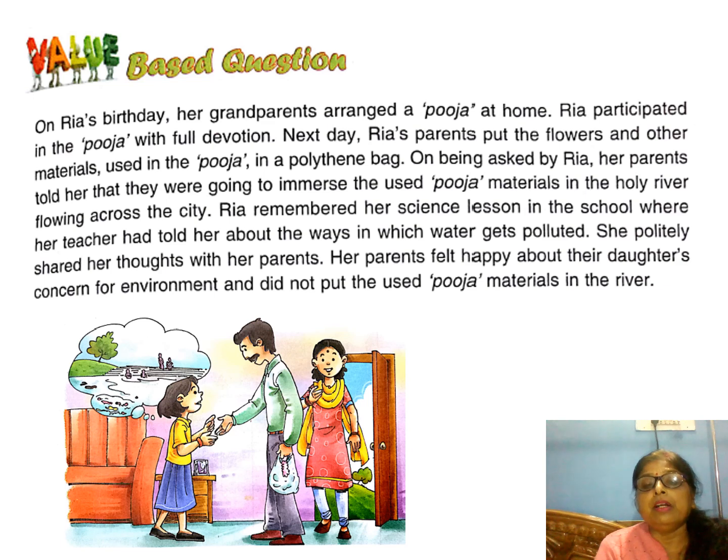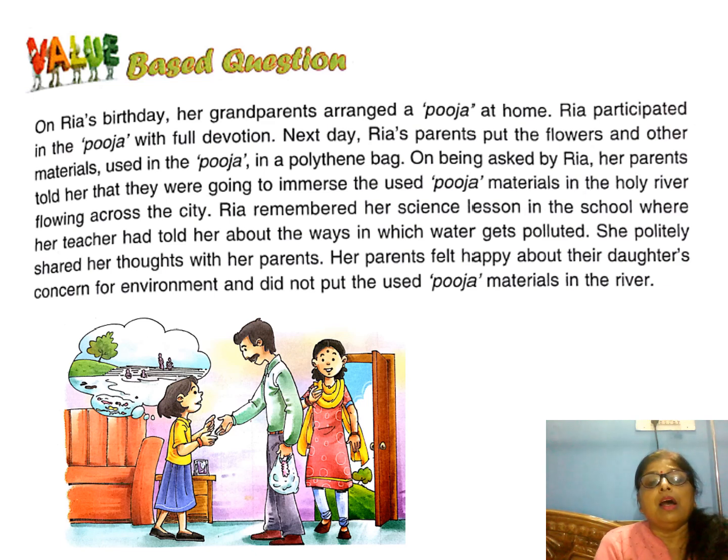Riya remembered her science lesson in the school where her teacher had told her about the ways in which water gets polluted. She politely shared her thoughts with her parents. Her parents felt happy about their daughter's concern for environment and did not put the used puja materials in the river.